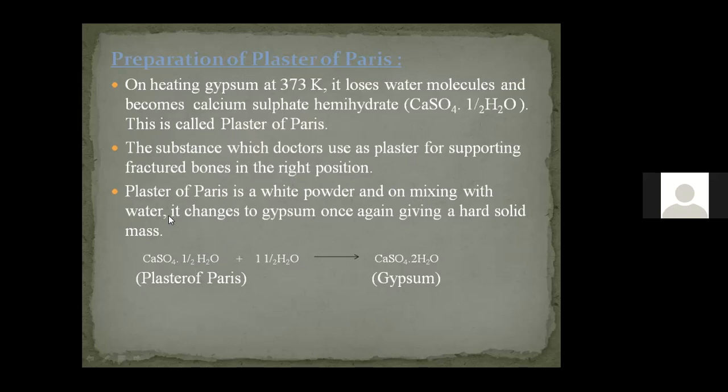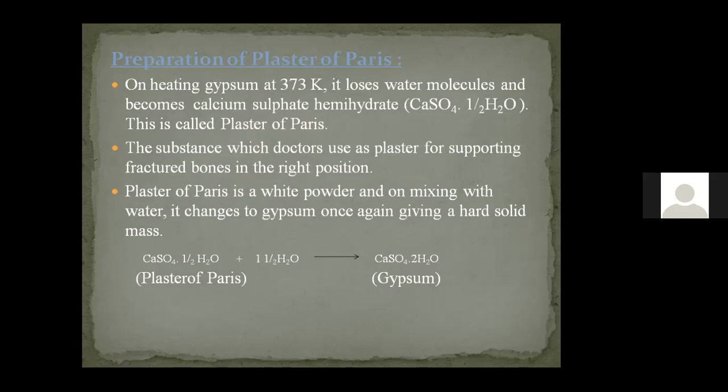On mixing with water, it changes into gypsum again, giving a hard solid mass. So conversion of gypsum to plaster of Paris and plaster of Paris to gypsum: by heating the gypsum, we will get plaster of Paris. By adding water to the plaster of Paris, we will get the gypsum.